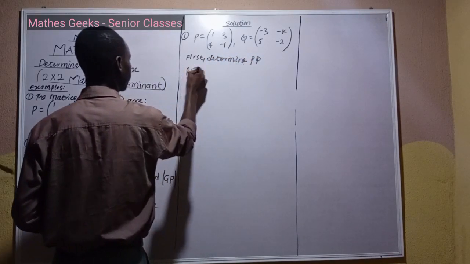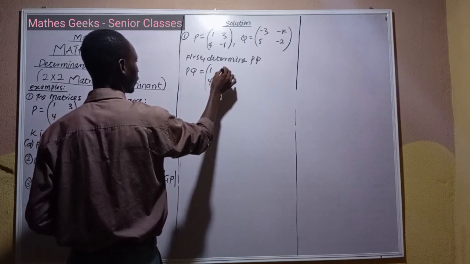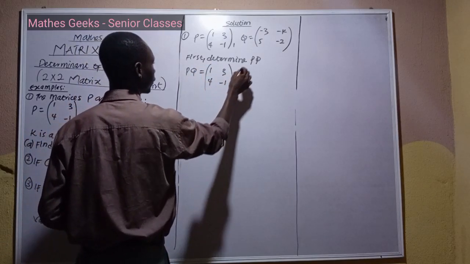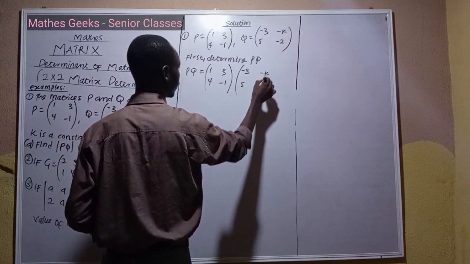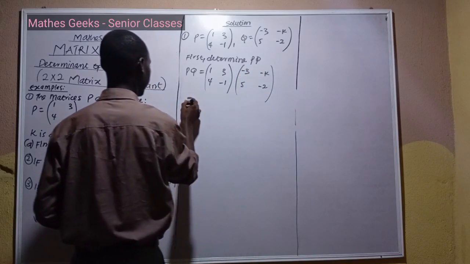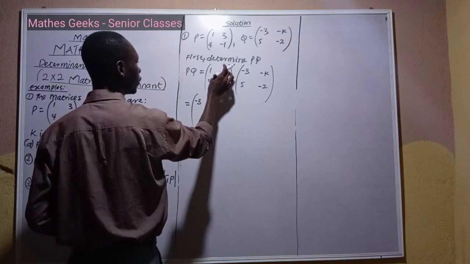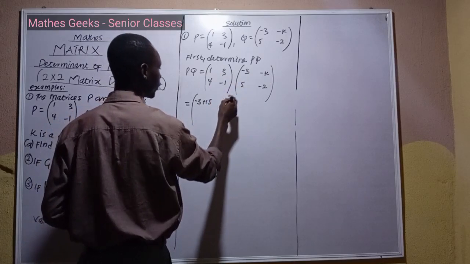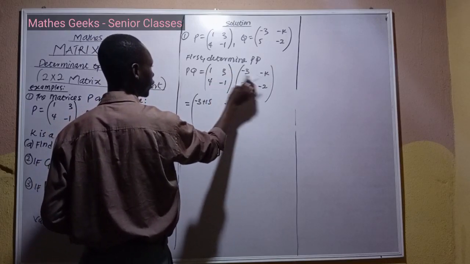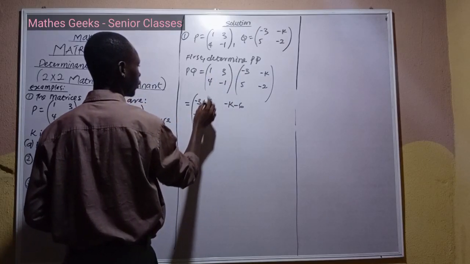So PQ is equal to 1, 4, 2, minus 1, k, minus 3, 5, minus 2, minus 4. 1 times minus 3 is minus 3. 3 times 5 is plus 15. 1 times minus k is minus k. 3 times minus 2 is minus 6. 4 times minus 3 is minus 12.